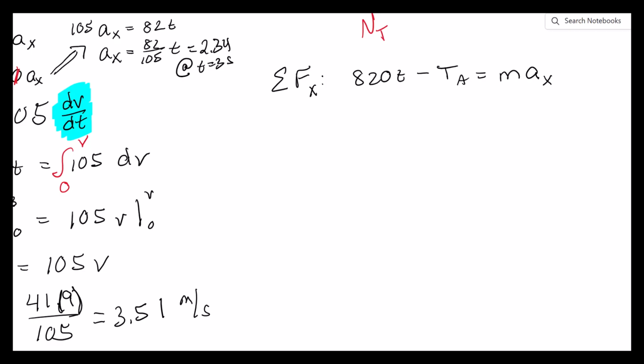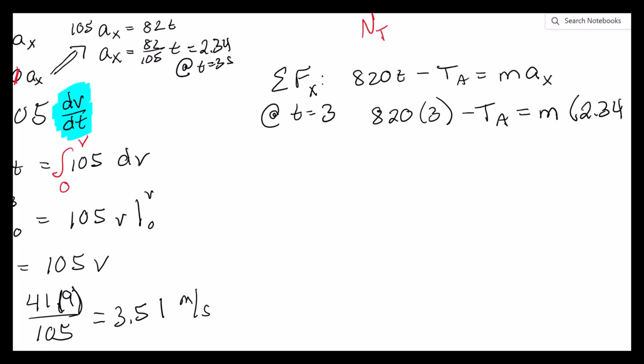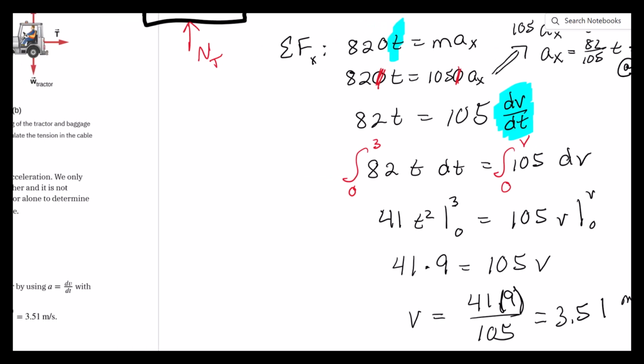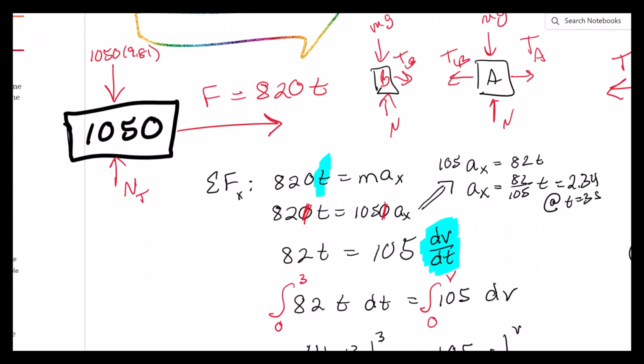Okay, but I can say at t equals 3, this becomes 820 times 3 minus TA equals mass times 2.34. And the mass of this dude was what, 650? I've already forgotten again.